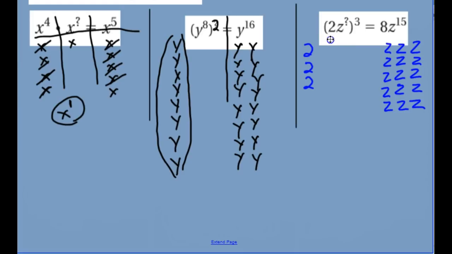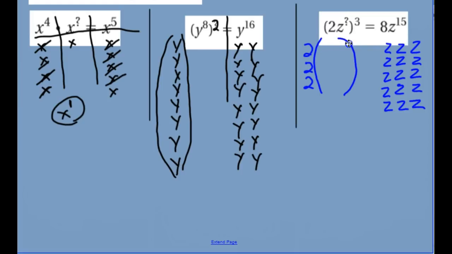So we're looking for how many groups of z's we need over here. So we need to find our groups. We know we have 3 groups, so what times 3 would give us 15?